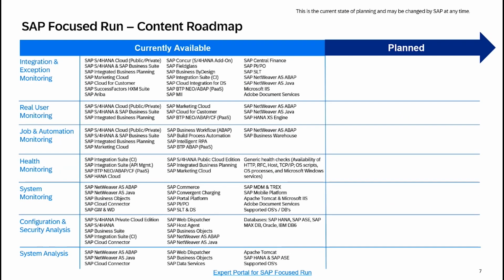From the content roadmap point of view, you have also seen a similar picture for Cloud ALM. Here now in the context of Focused Run, you see we have a very wide coverage already reached over all the different use cases, especially for all the on-premise components. They're all covered there. Besides the business suite, you have all this J2EE, the NetWeaver ABAP, the NetWeaver Java.